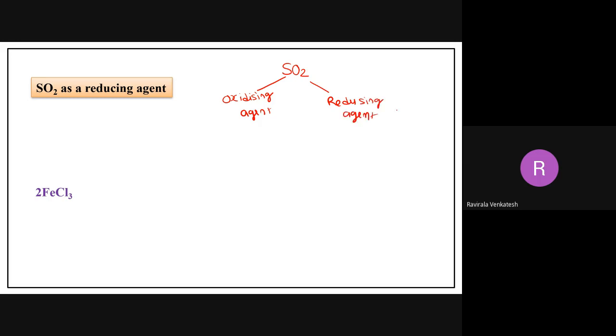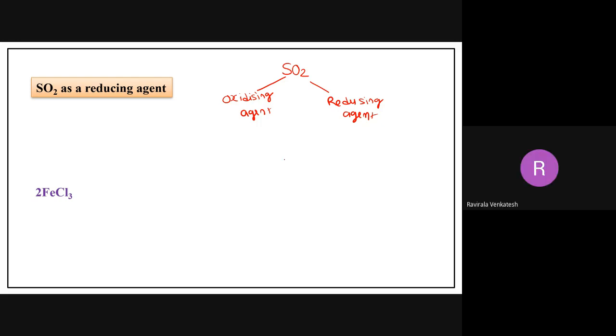I have told you many times, beta, why this happens. Because it can donate and also accept electrons.